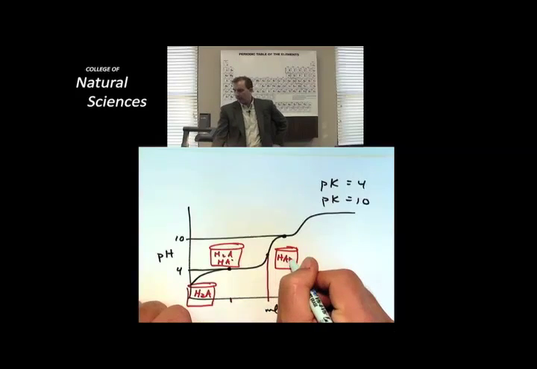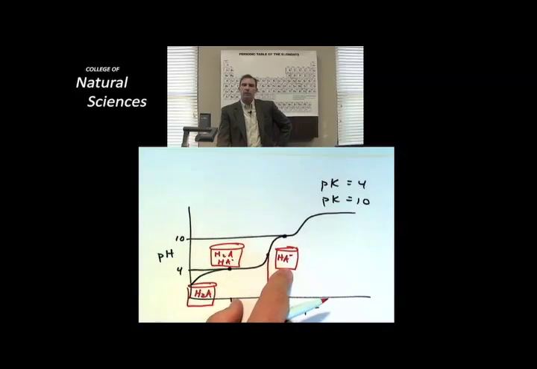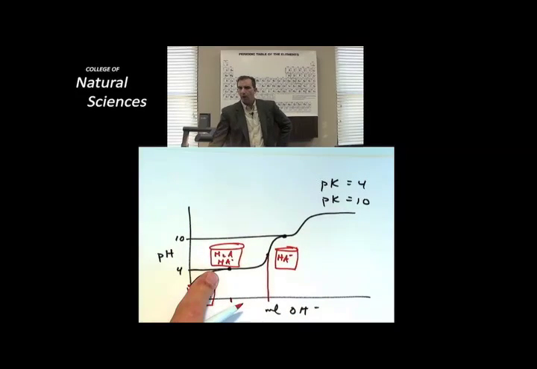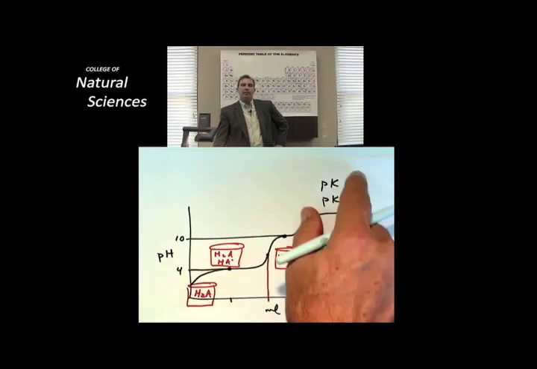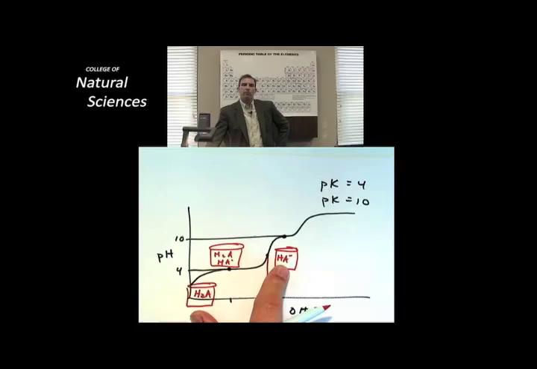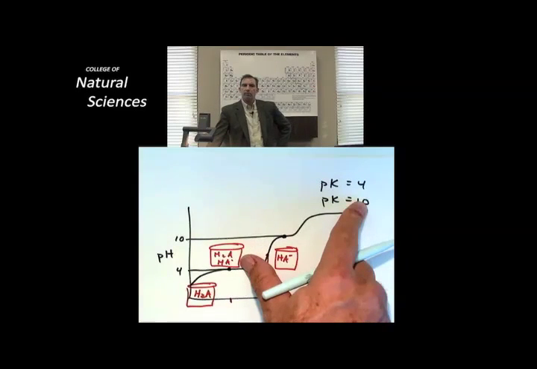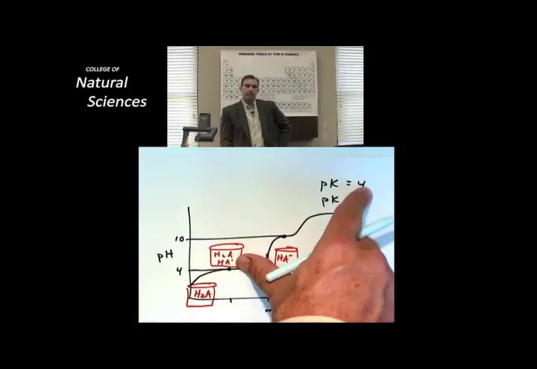But remember that HA minus can lose protons and go this way, it can gain protons and go that way. Consequently, I have to take into account both of the K values, and there's a nice simple amphiprotic case solution, which is to add the two K values together and divide by 2, or to multiply the two and take the square root.